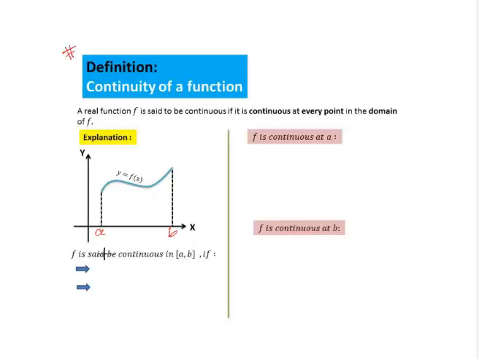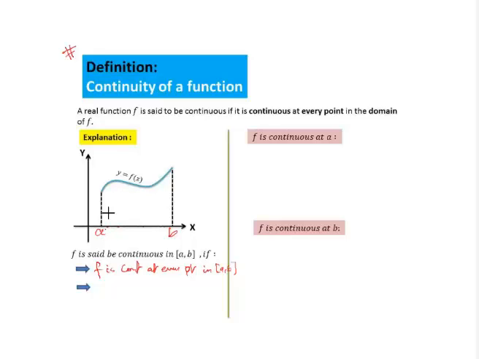Now f is said to be continuous in the closed interval [a, b] if this function is continuous at every point in the domain. So f is continuous at every point in the interval a, b, and also it should be continuous at the endpoints.